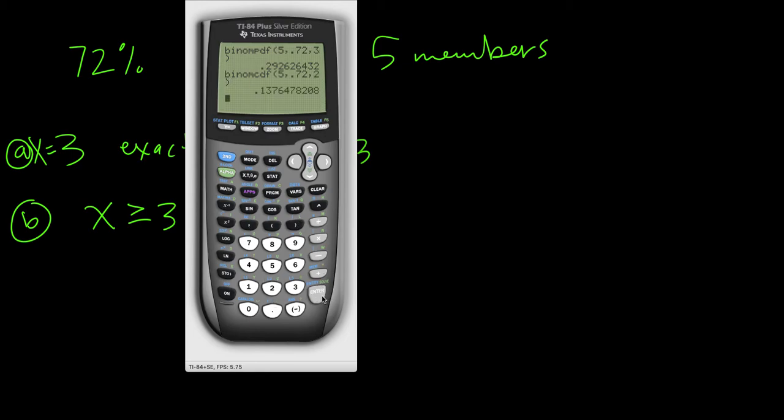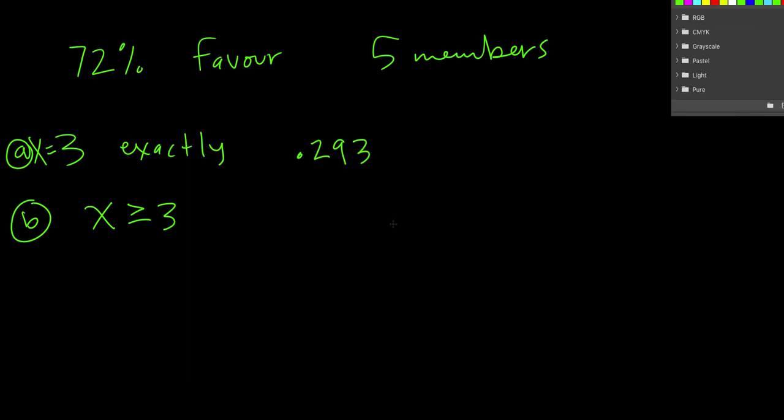And so this is going to give us the probability of what we don't want. So this is the probability of the members that are not in favor. So it's going to give us the 2 and the 1. And so what we need to do is we need to say 1 minus that answer. And now that gives us the 3, the 4, the 5. And so that's 0.862.